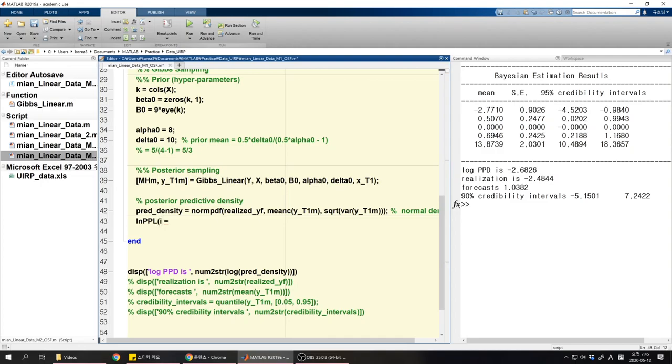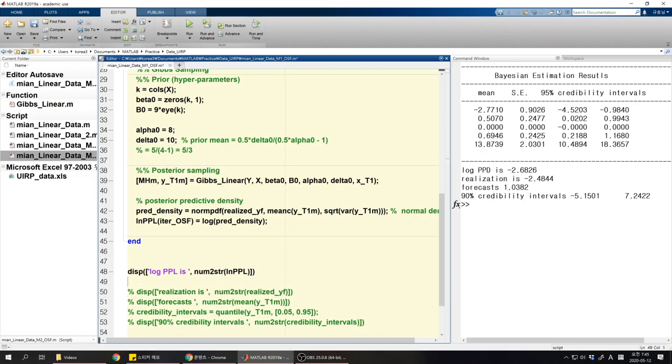Here itr_OSF equals log. Do we need this parenthesis? No, it's right. Let me put this log PPL, and here's ln PPL. We don't need this log here.